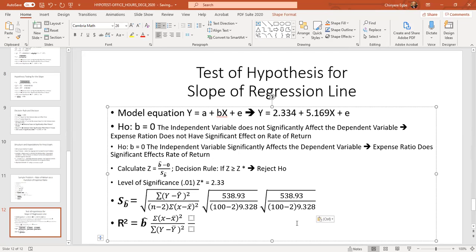I have 7.16221598. 98 times 9.328 will be 914.144.